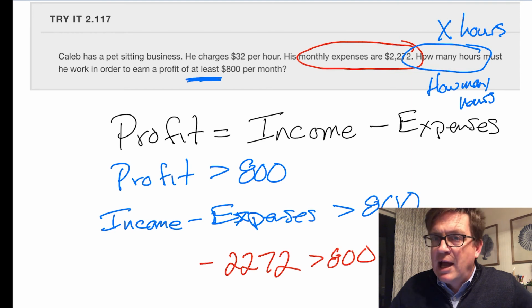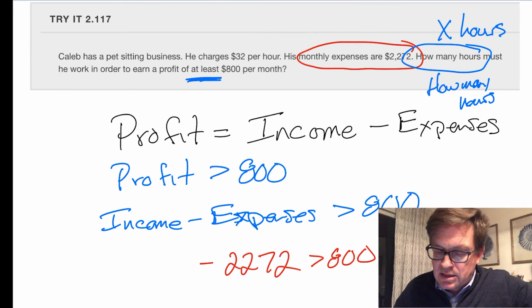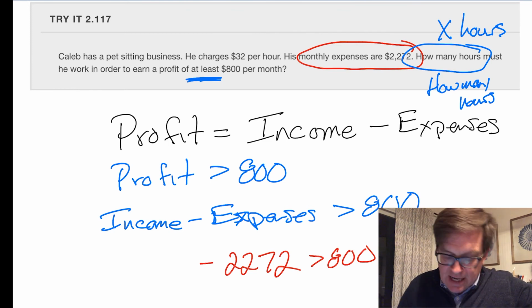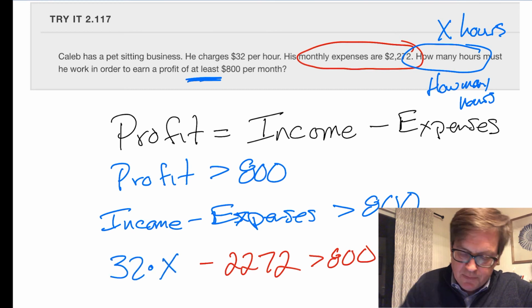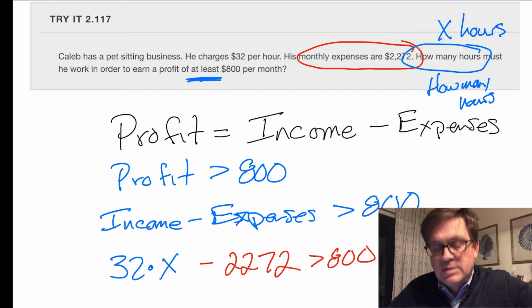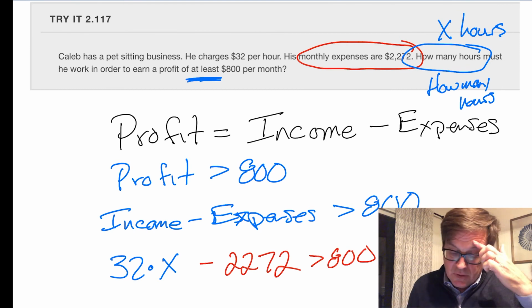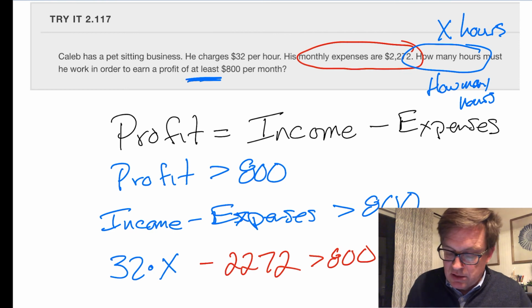Whenever they say how many or how much or how long, that's your variable in a lot of these cases. So if we work for x hours, we're going to get $32 for every hour. And so we get 32 times x, and that's dollars we've earned. That's our income. Minus our expenses has to be at least 800.